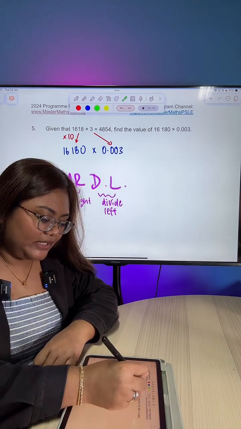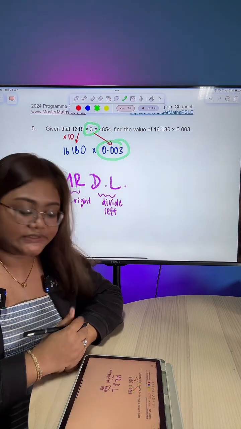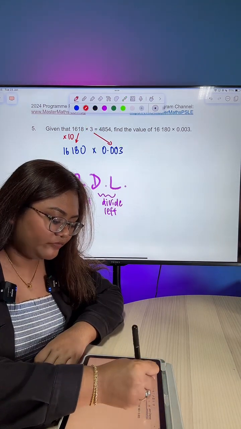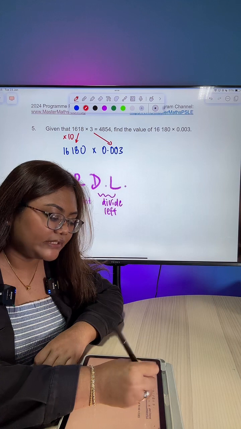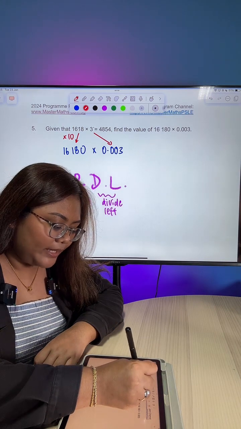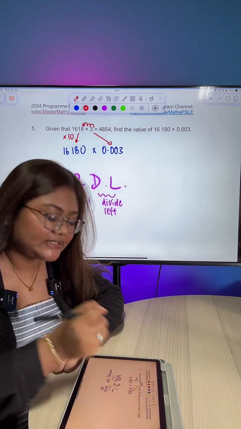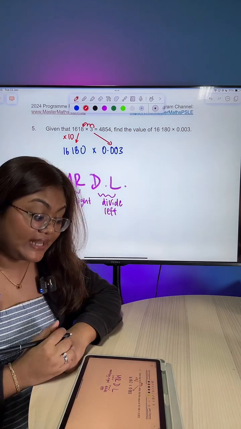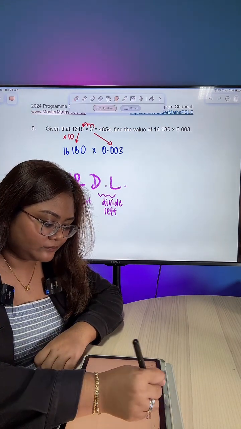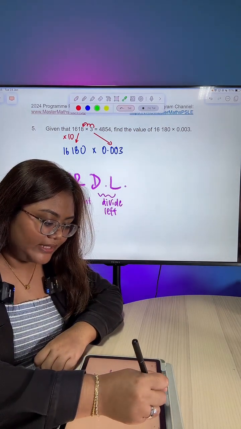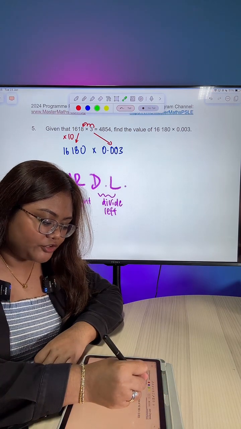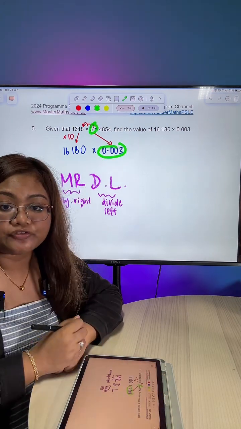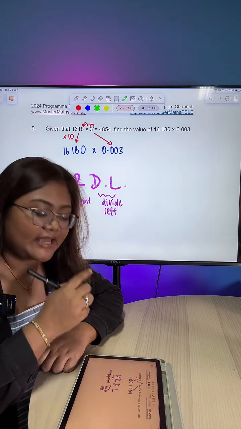Now, from 3 to get to 0.003, I am shifting the imaginary or the hidden decimal point by 1, 2, 3 places to the front, right? To the left. Agree? Can everybody understand here? From 3 to get to 0.003, I am moving 3 places to the left.